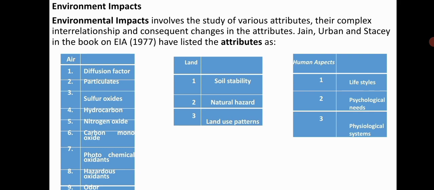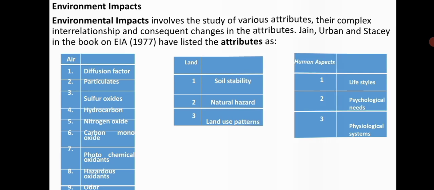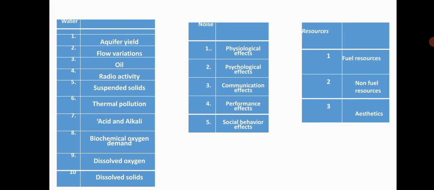Similarly, soil stability, natural hazards, and land use patterns are the impact factors of land. Similarly, the lifestyles of human beings, psychological needs, and psychological systems are the factors for human beings.